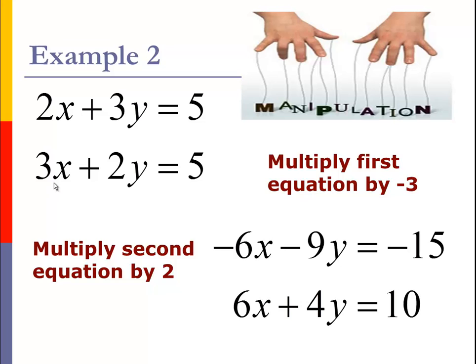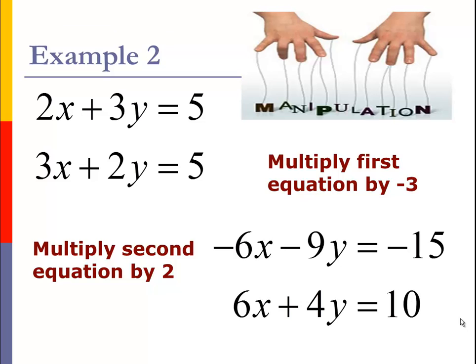If I'm multiplying that x by -3, I have to go all the way across, which is why you're seeing a -9 and a -15. Taking the second equation and multiplying the first term by 2, I have to do it to everything else, which is why you're seeing 6x plus 4y equals 10. I'm taking the whole equation and multiplying everything by 2.